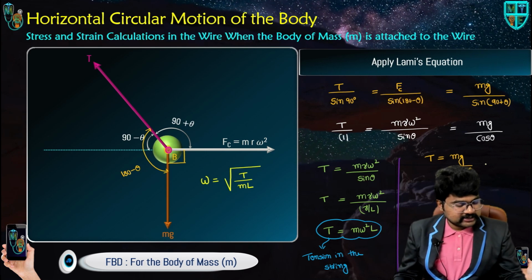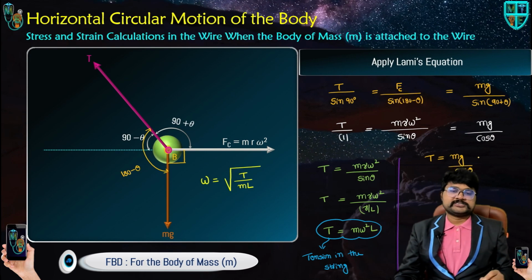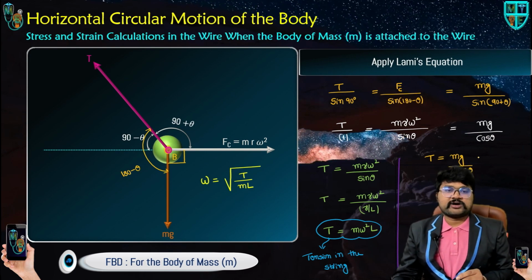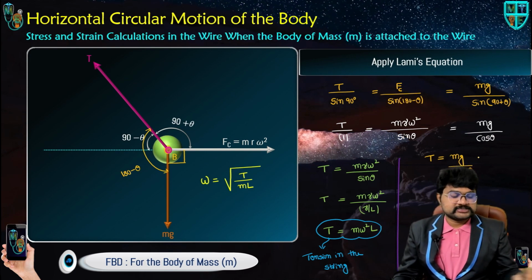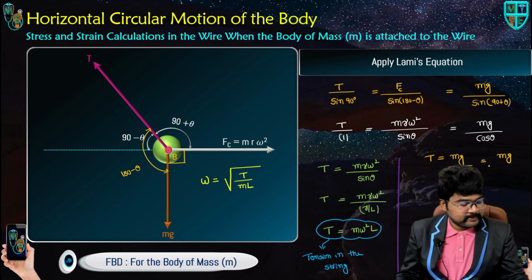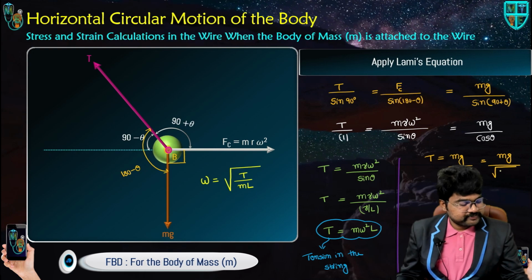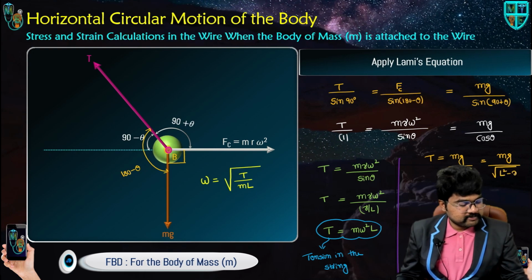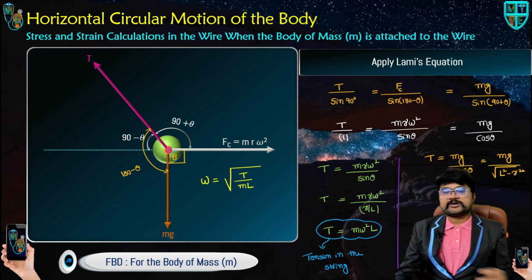You can write like that also. Here cos theta is nothing but square root of L square minus R square over L, from the triangle, so T equals mg by that.